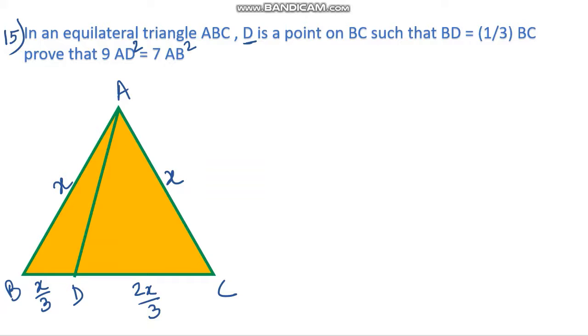Now let us see how we can go forward and solve this particular question. Now children, let us see the solution. Let us make a construction. What construction will you do?